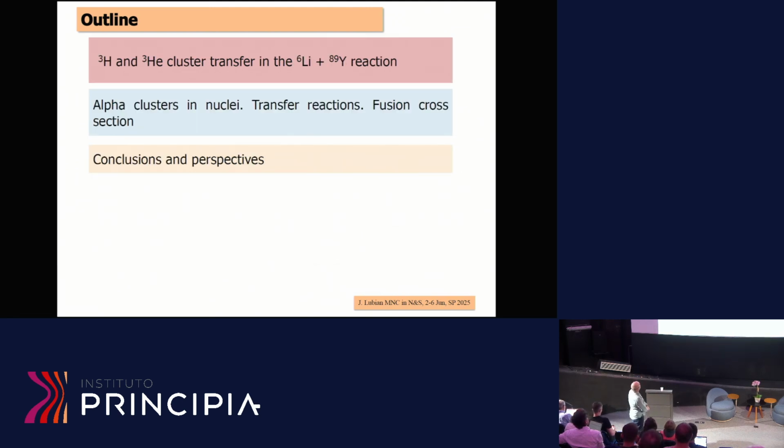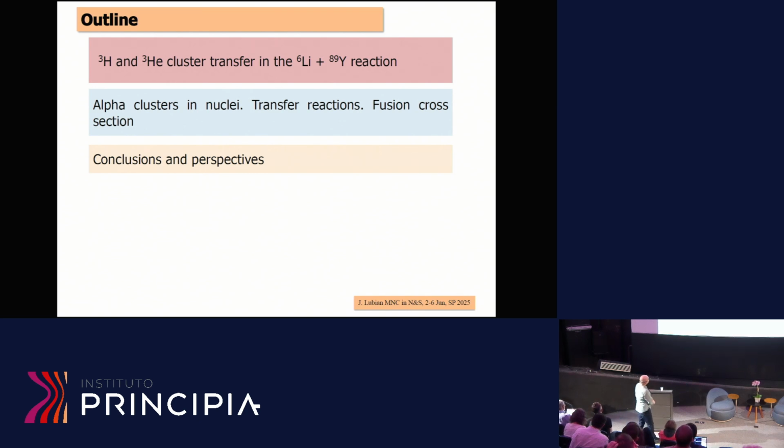Then I will show some results for the helium-3 and triton transfer reaction in lithium-6, the unusual clustered configurations in lithium-6. Finally, I will talk about alpha clustering nuclei, transfer reaction, and evidence of alpha configuration using fusion cross-sections.